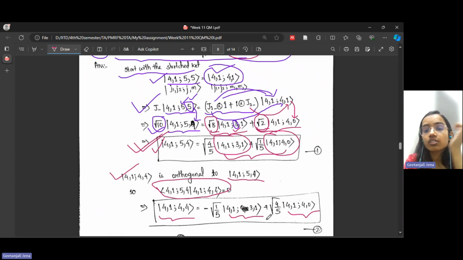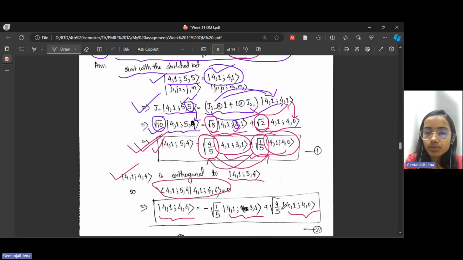And to find out the coefficient, what you have to do, you have to interchange the coefficient, like take this one and put it here for 4142 and take this one and put it here. Okay, so this is what I have done.